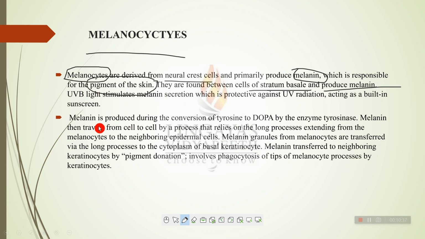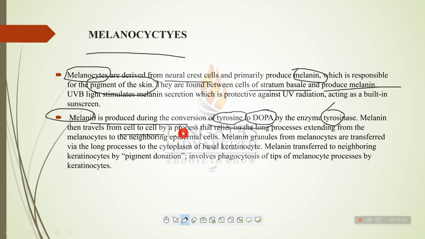Melanin is produced during the conversion of tyrosine to dopa by the enzyme tyrosinase. The enzyme tyrosinase is responsible for the conversion of tyrosine, which is an amino acid, to dopa. During this conversion, melanin pigment is produced.